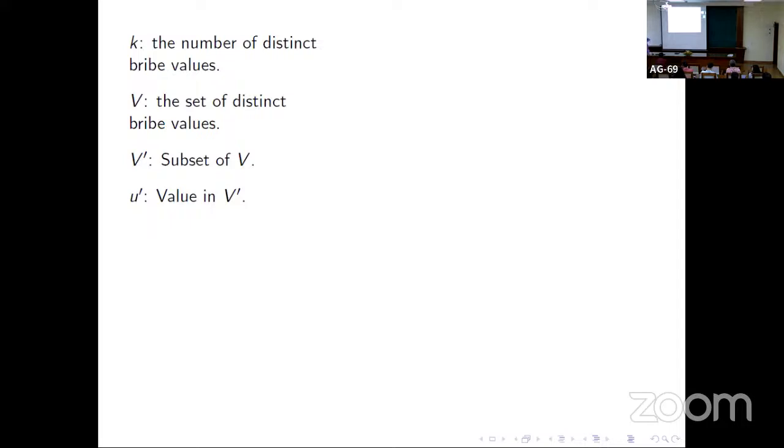If K is our parameter, the number of distinct bribe values, and V is the set of distinct bribe values, then V prime is a subset of V. If V is the set of distinct bribe values, then V prime denotes a set of bribe values that a player is willing to take, and U prime is a particular value in V prime.